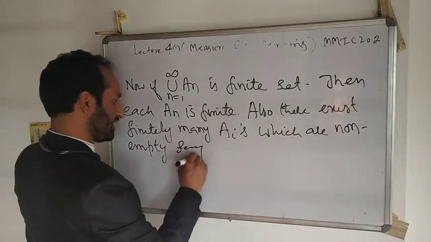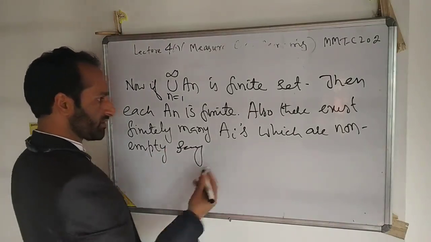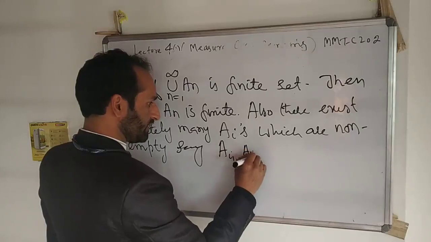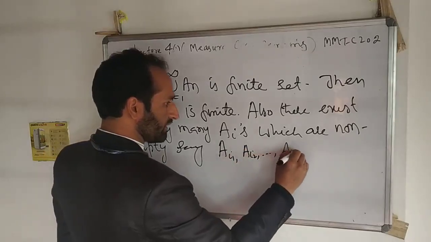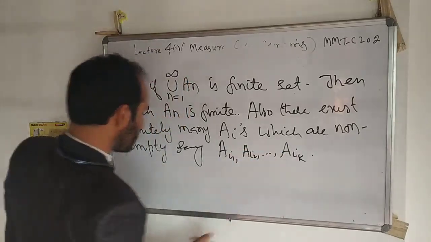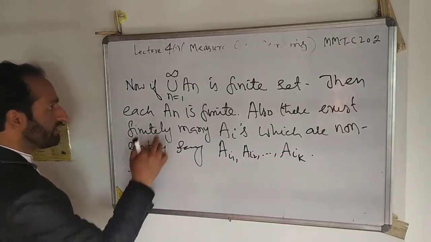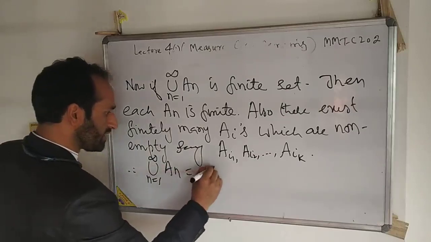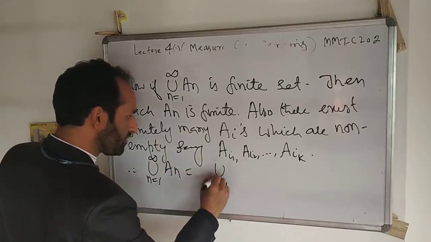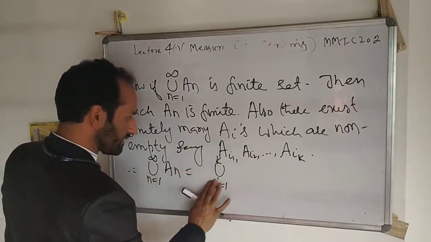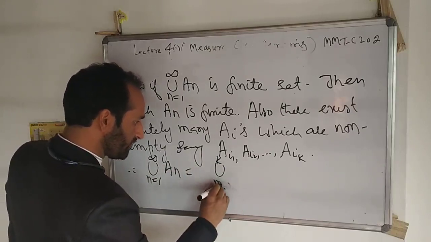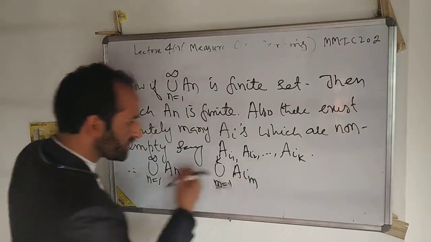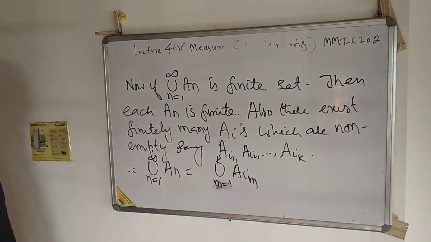So let's write those finite number of sets which are non-empty, say Ai1, Ai2, and so on up to Aik, suppose. Therefore the union of An, n from 1 to infinity, is the same as the union of Aim, m running from 1 to k, because the remaining sets are the empty sets.